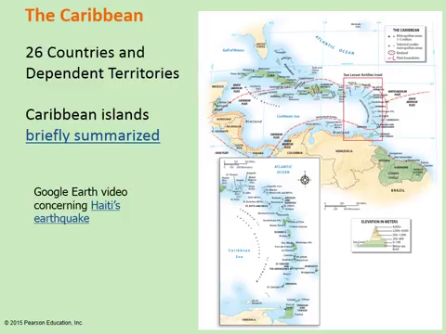Both Belize and the countries on the South American continent are still forested. Now, the countries on the mainlands, Belize and the 3 nations on the South American continent, those are referred to as the rimland of the Caribbean region.